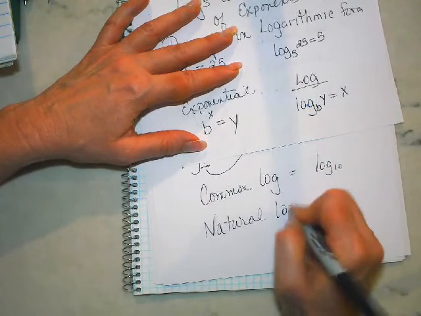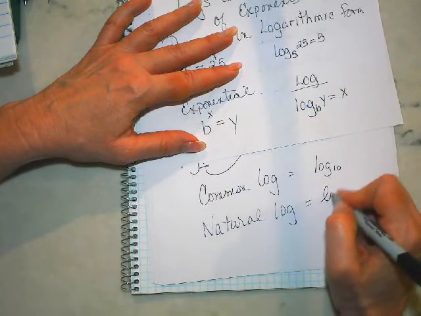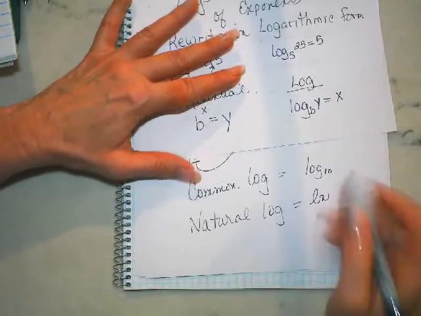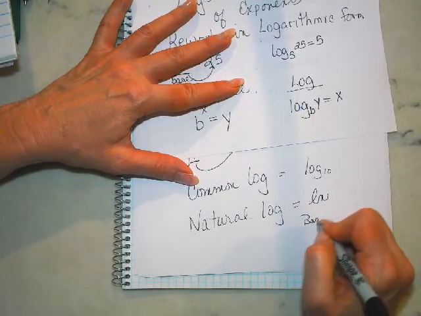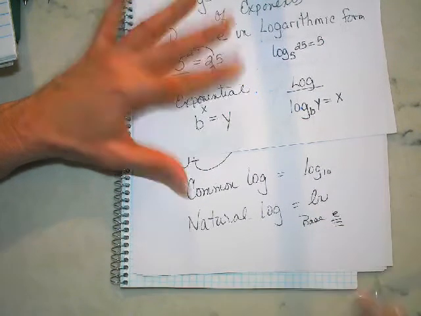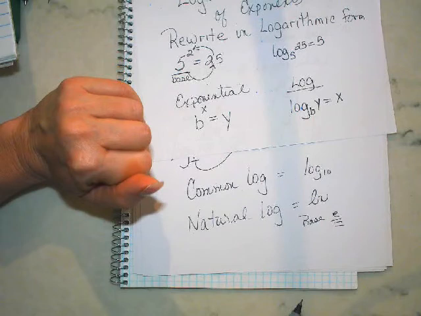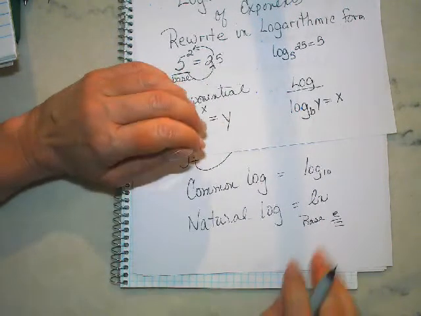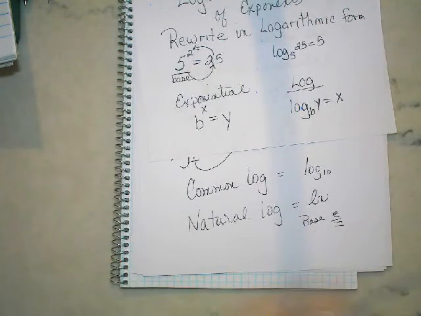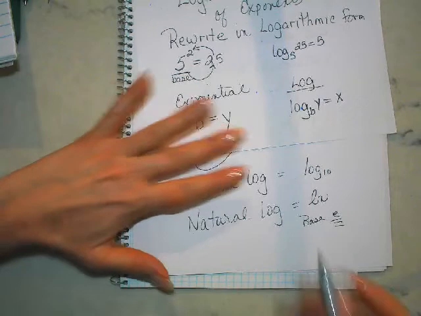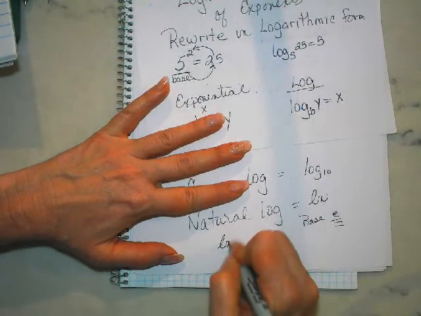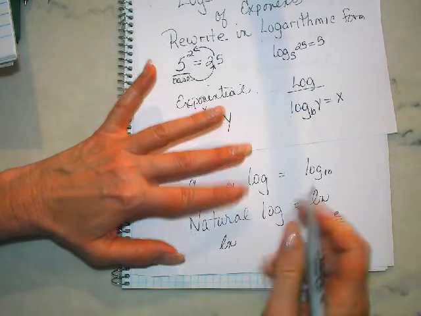And then there's something called the natural log, and that is when you have ln. ln has a base of e. It's the only base, so we don't write it. Whenever you see ln, the base is e. That's it. No, ln just means the base is e.